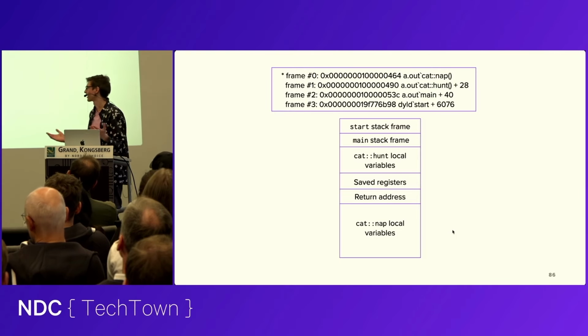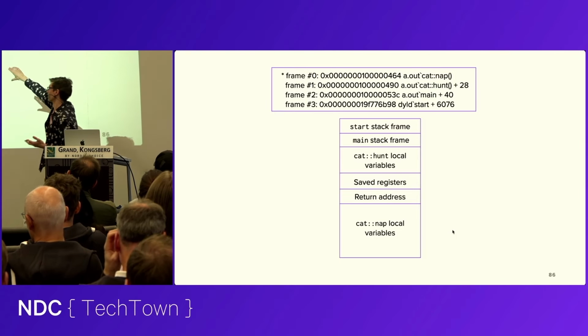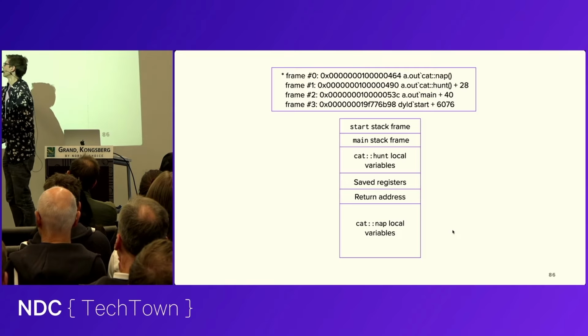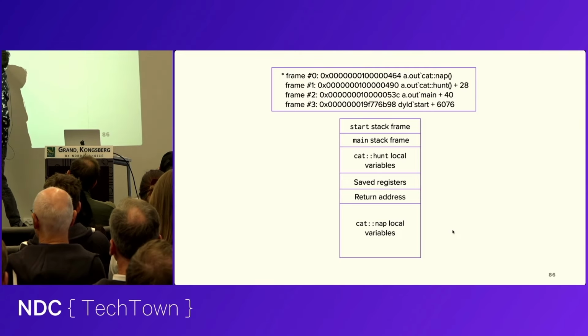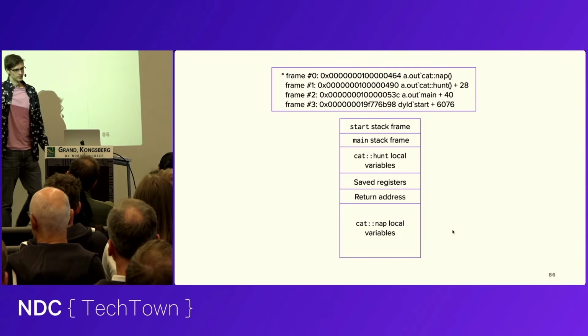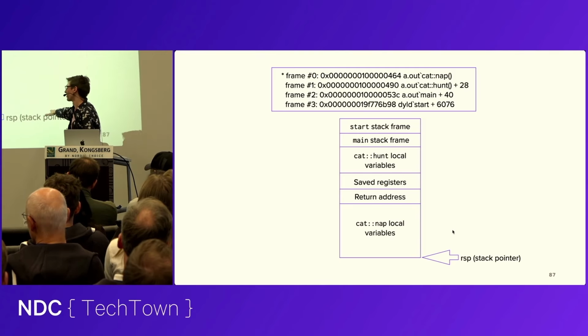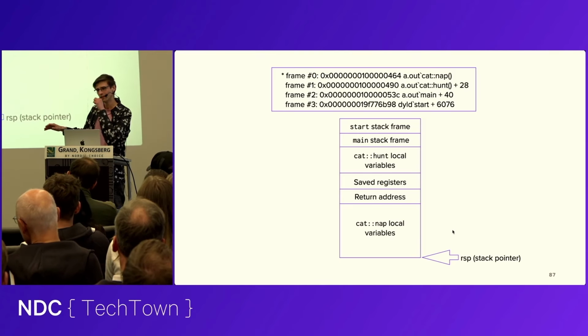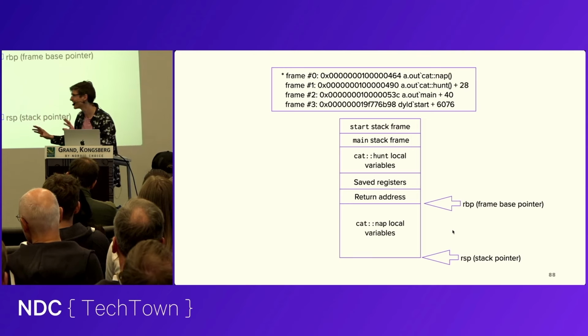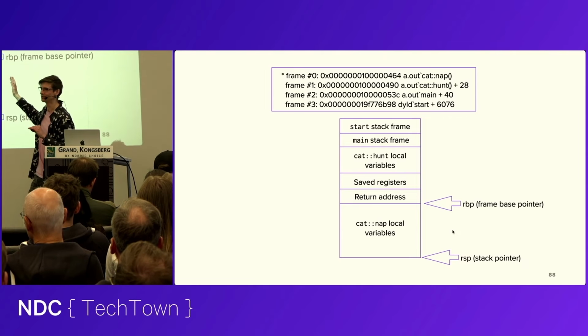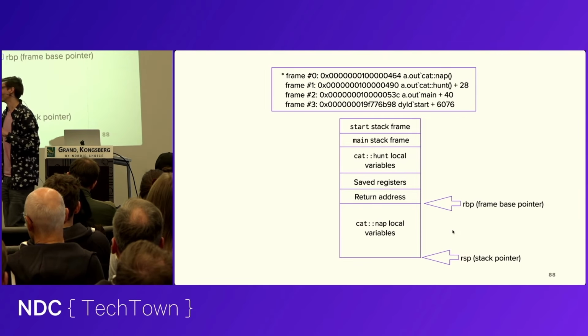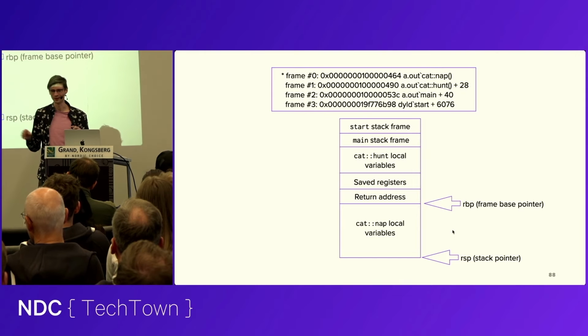So how do we work out how to restore these registers, and where the return address of that stack frame is? We pretty much just have a stack pointer, which points to the top of the stack. We might have a frame pointer, depending on how your compiler is configured.